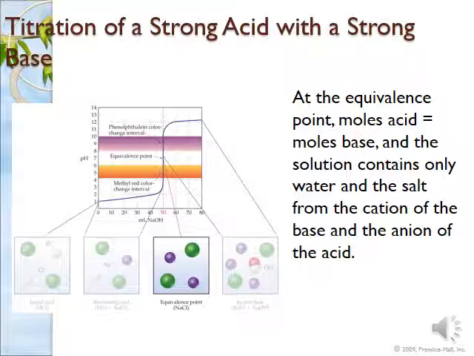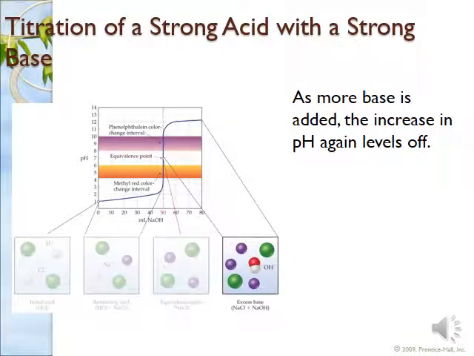You only have the salt and H2O. Now when you over-titrate, OH- is present from the titrant.